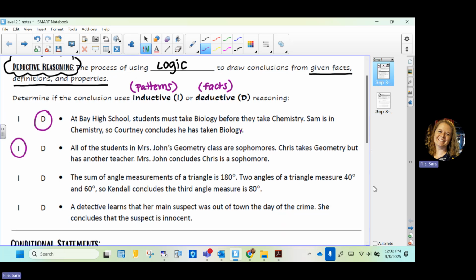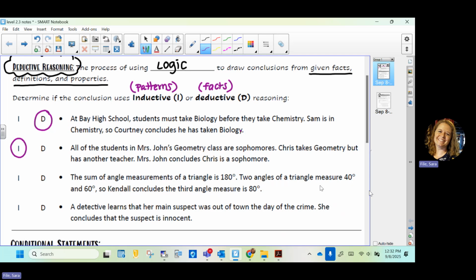This next one says the sum of angle measurements of a triangle is 180 degrees. That's always true. We know the three angles of a triangle add to 180. Two angles of a triangle measure 40 degrees and 60 degrees. So Kendall concludes that the third angle measure is 80 degrees.